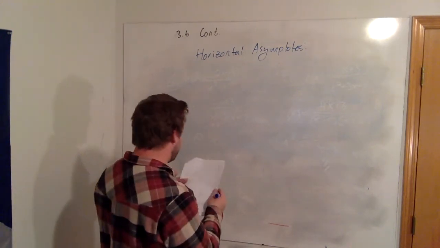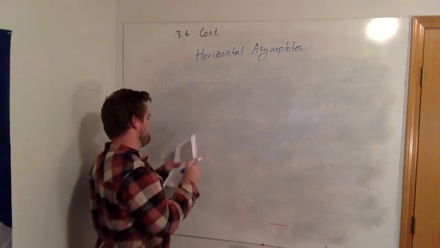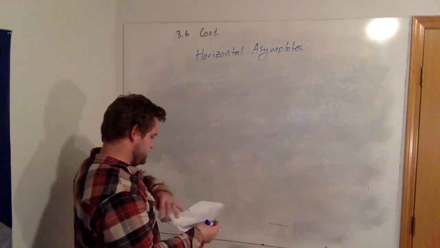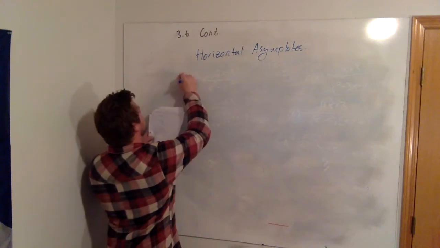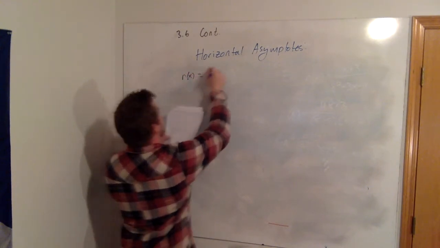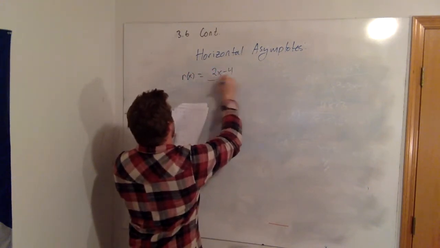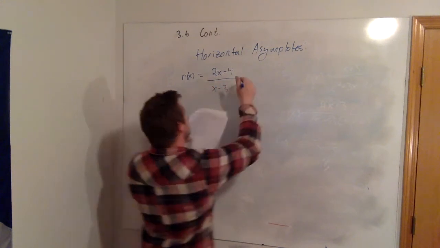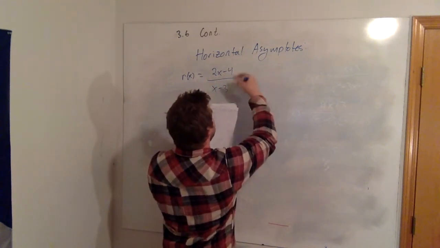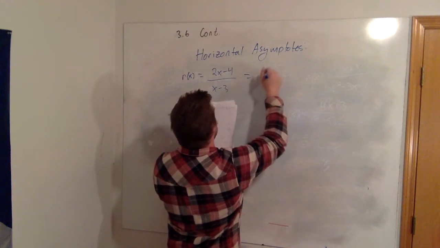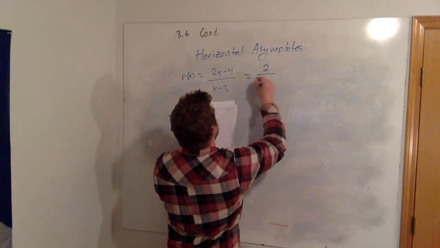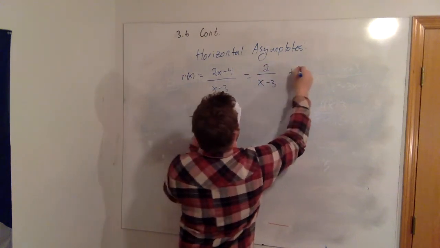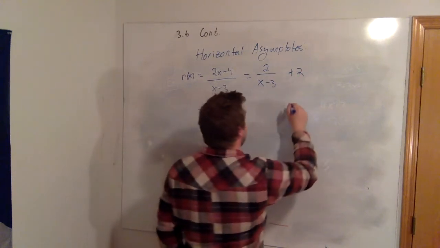So recall what we had on the board: the rational function r of x, which is equal to 2x minus 4 all over x minus 3. And we discovered that we could rewrite this rational function as 2 over x minus 3 plus 2. We went ahead and graphed this.